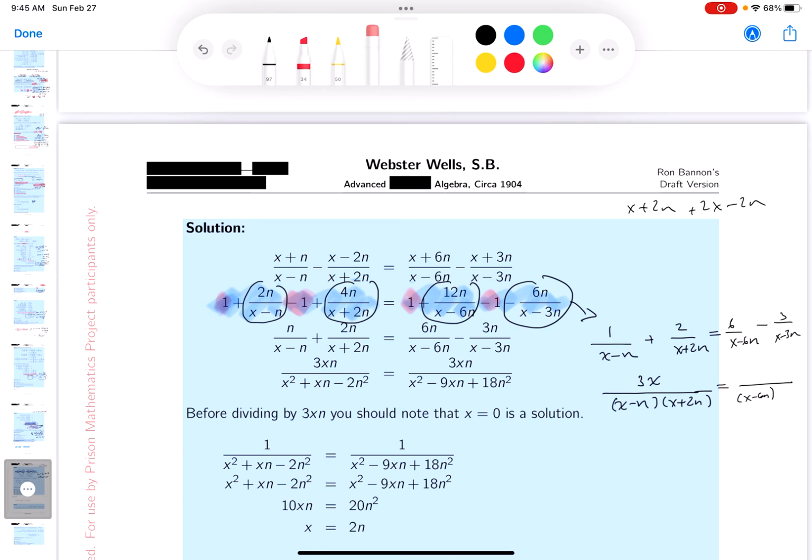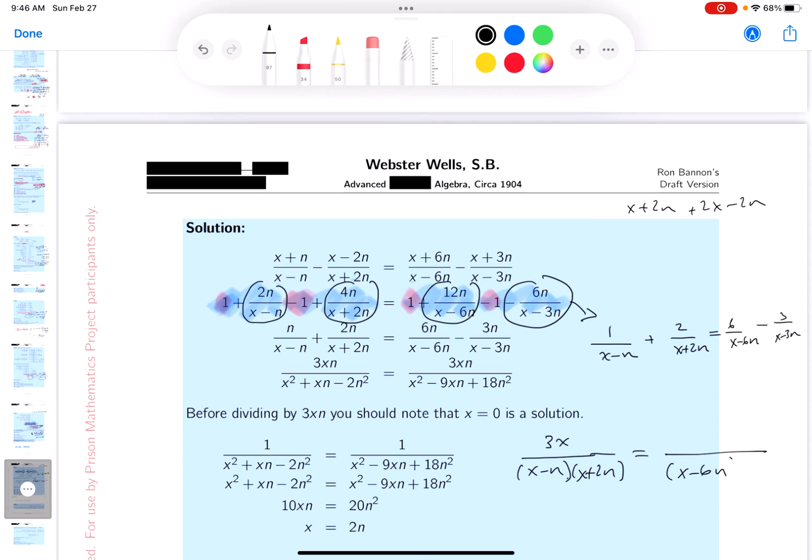You know what I'm going to do? I'm going to get my eraser out. So I get 3x over x minus n, x plus 2n. On the right side, x minus 6n, x minus 3n. And I'm hoping something nice happens there too. Let's write that down.